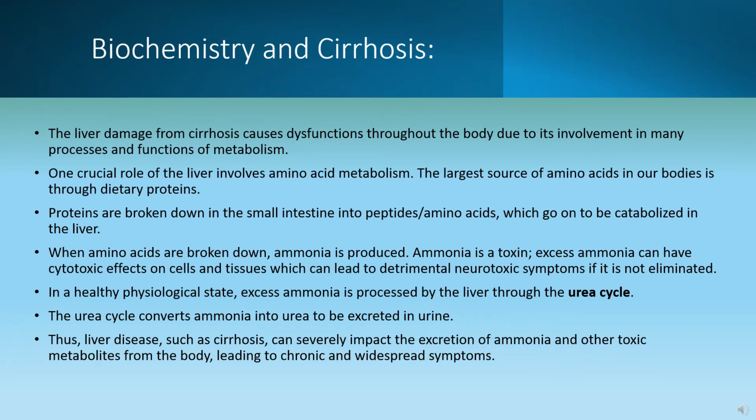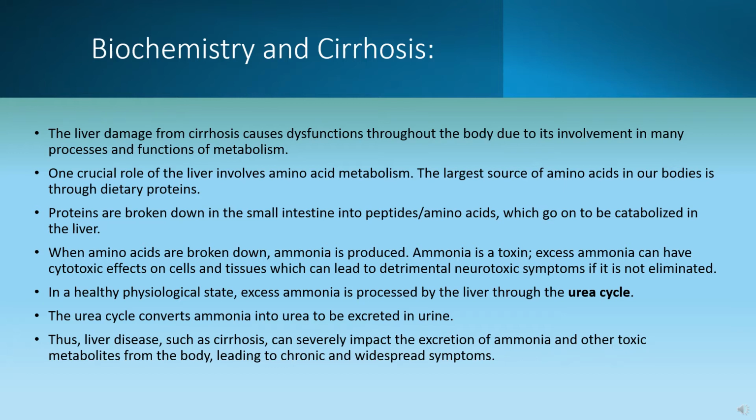The widespread symptoms of liver damage are all tied to its biochemical roles. The role of interest for this case involves the liver's involvement in amino acid metabolism and the excretion of waste products, especially ammonia. The largest source of amino acids is dietary proteins, which are broken down in the small intestine into peptides or amino acids, which are catabolized in the liver. When amino acids are broken down, they release nitrogen.